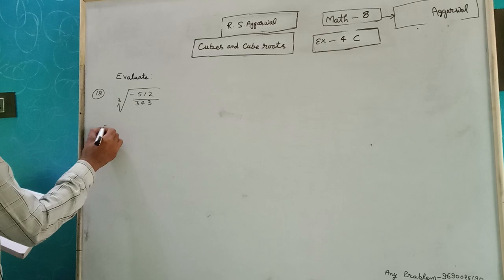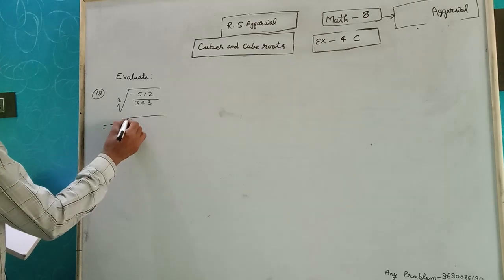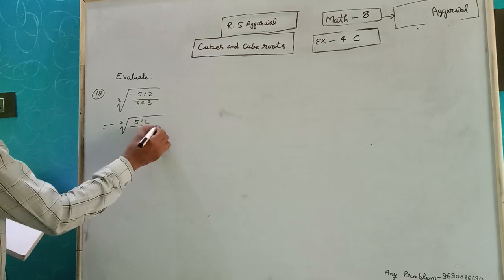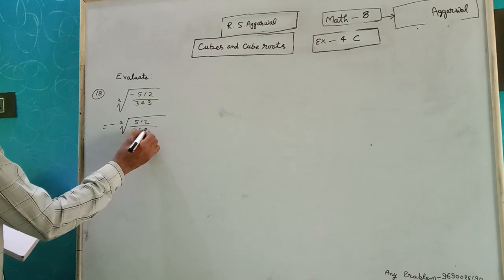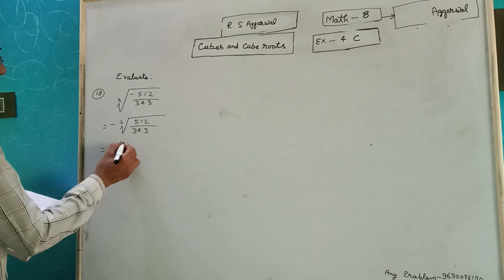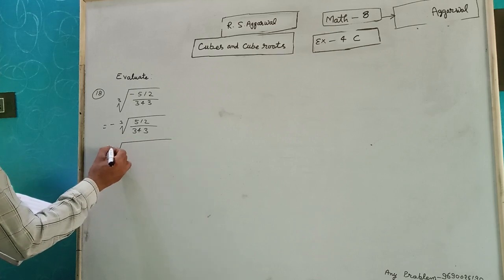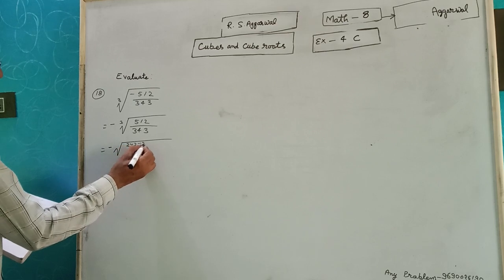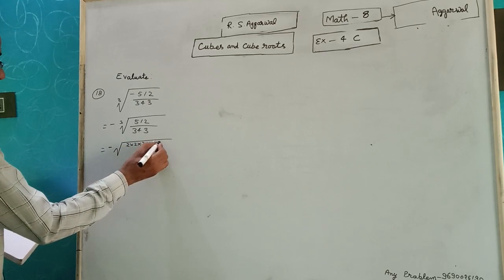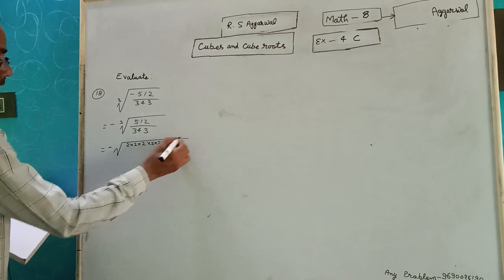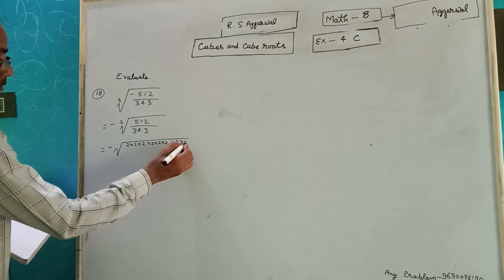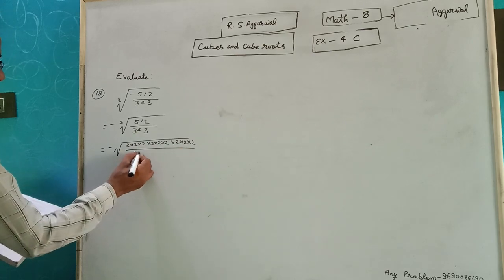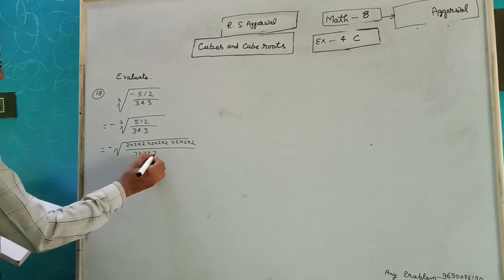Minus put the outside from the cube root. 512, 343. Do the factor. 2 into 2 into 2 and 2 into 2 into 2 upon 7 into 7 into 7.